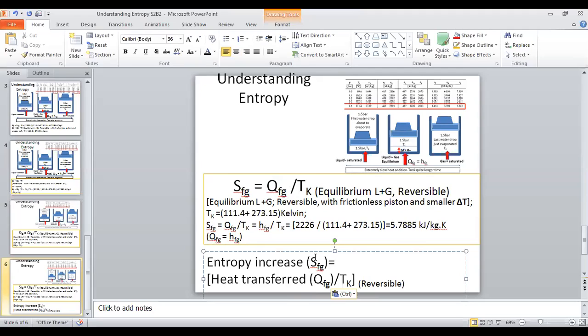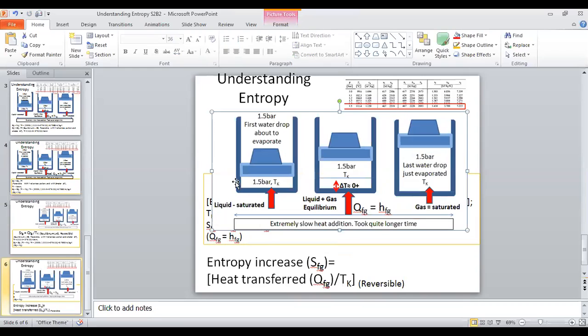So now the heat transferred is Q_FG, heat transferred to the system. Our system is the one we are seeing here, trapped between the moving piston and the cylinder. Initially you can see liquid about to evaporate, then liquid being evaporated and more gas volume.